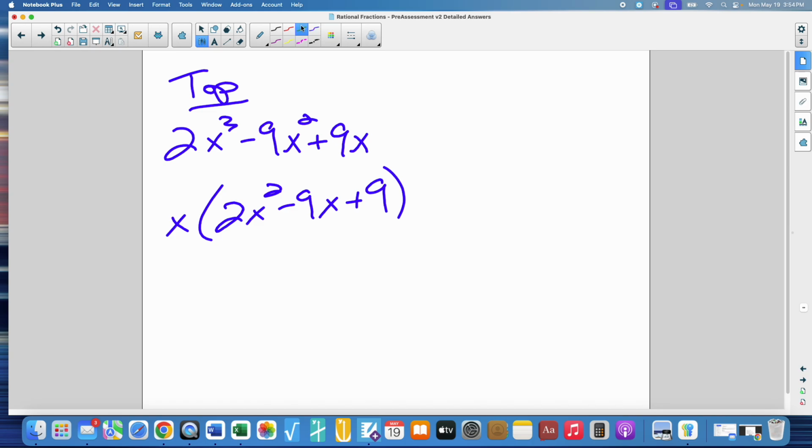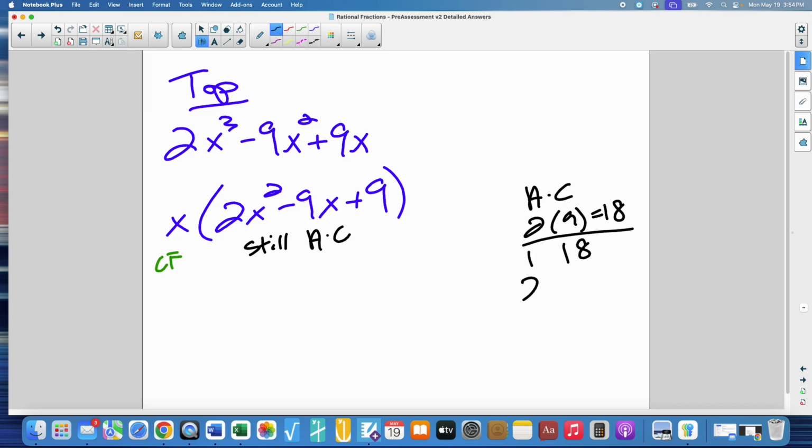Now the key to this is, okay, we factored a common factor, but we have to still factor this trinomial. Can we do A times C? So my A value is 2, my C value is 9, which makes 18. Factors of 18 are 1 and 18, 2 and 9, 3 and 6.